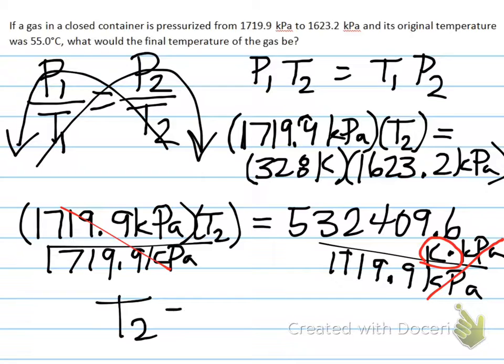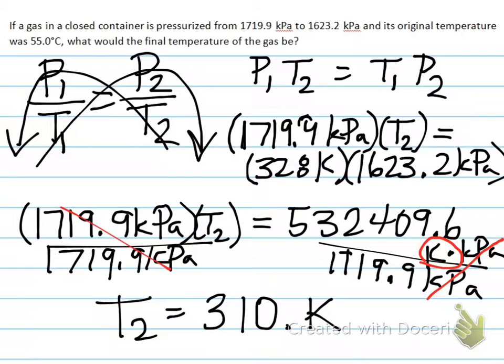So my final answer is going to be 309.5. I need 3 sig figs, so I'm going to have 310, and I'm going to put a decimal to represent my 3 sig figs.